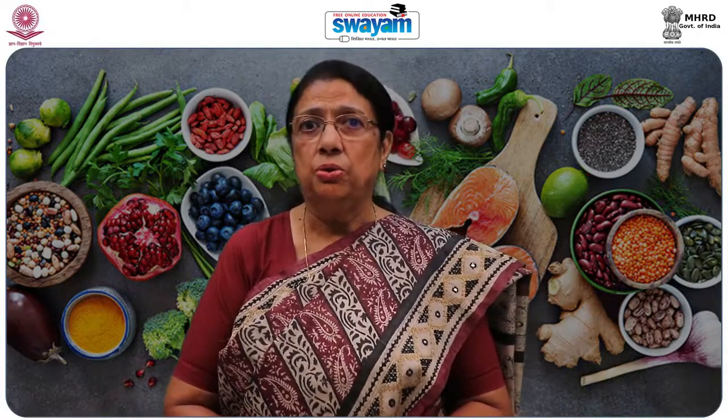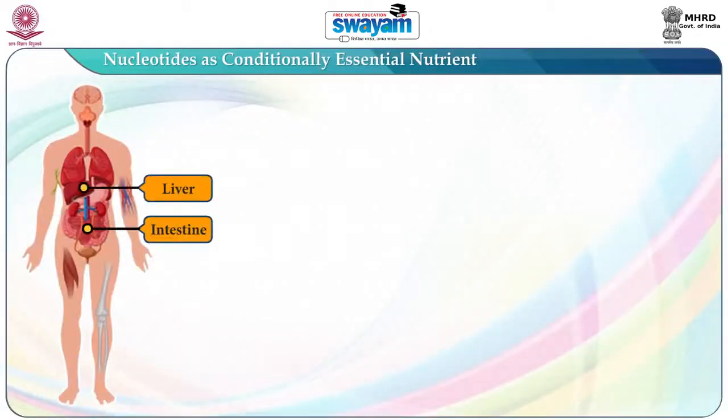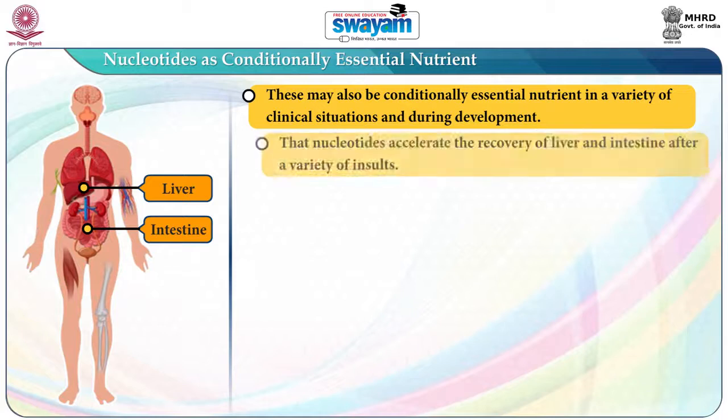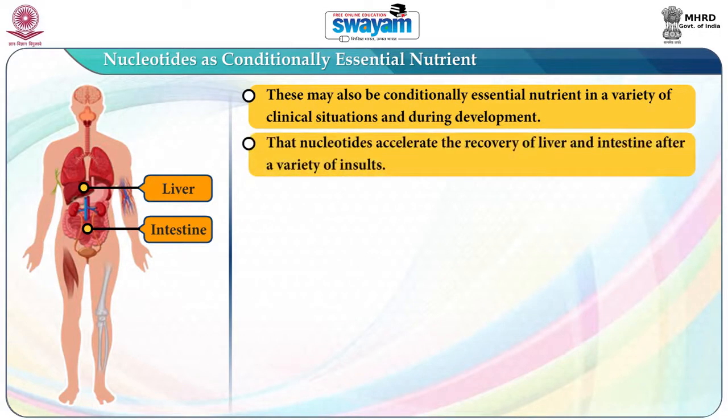So, let us now see why nucleotides are termed conditionally essential nutrients. These are referred to as conditionally essential nutrients in a variety of clinical situations and during development. Studies have shown that nucleotides accelerate the recovery of liver and intestine after a variety of insults.